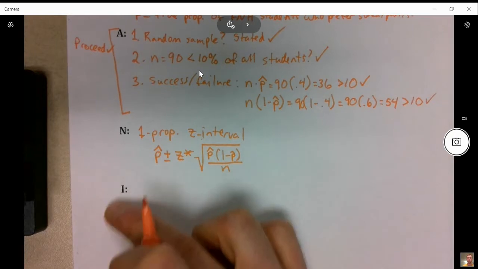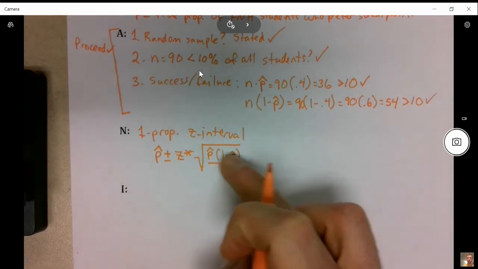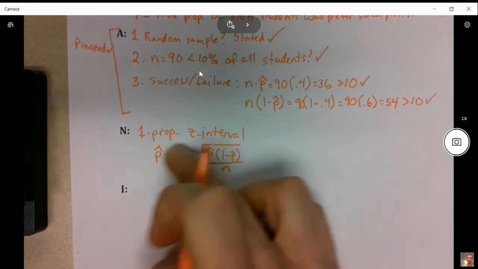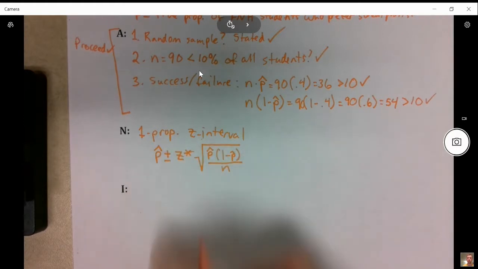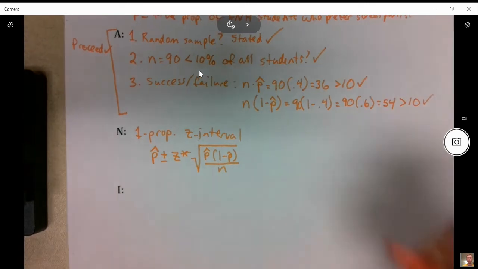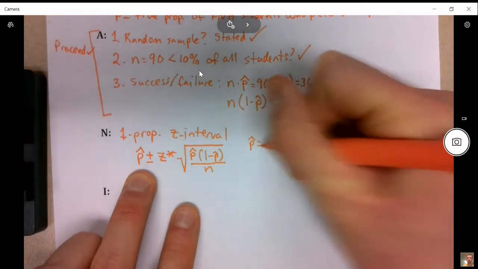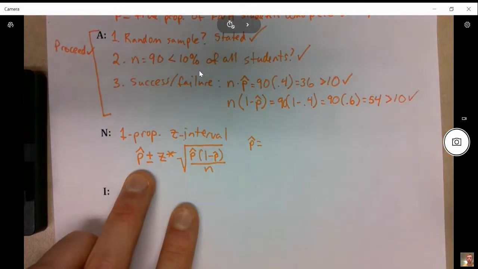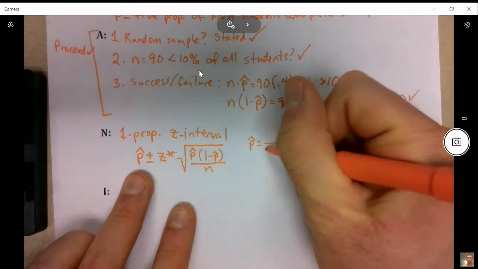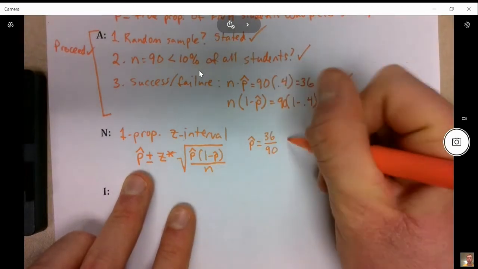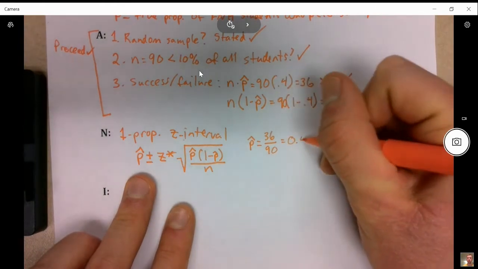So before we dive into actually creating that interval, I'm going to define what each of these variables stands for so that we can simply plug them into our interval and proceed from there. So let's start with p hat. Remember, p hat is our sample proportion, which is the percent of successes within our sample. So again, out of 90 people, 36 preferred sweatpants, and 36 divided by 90 is 0.4.